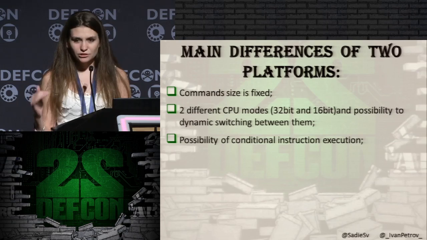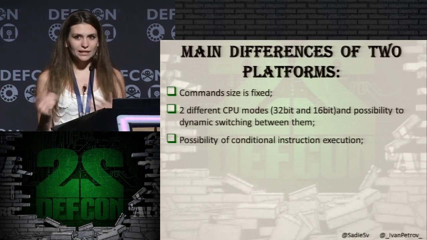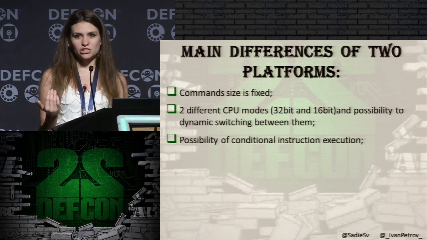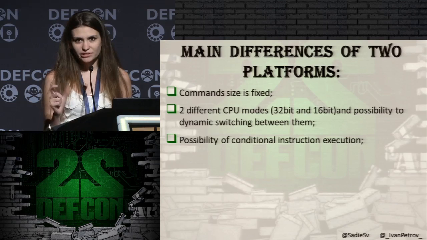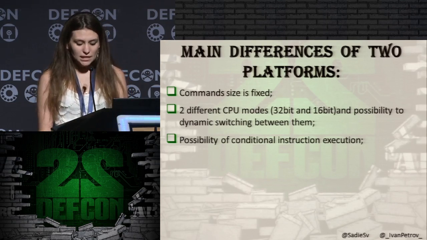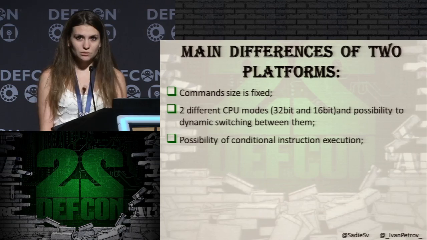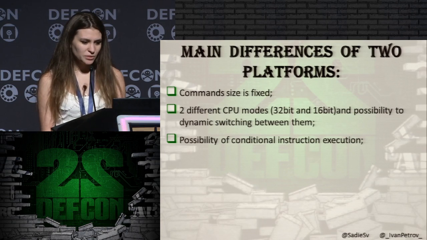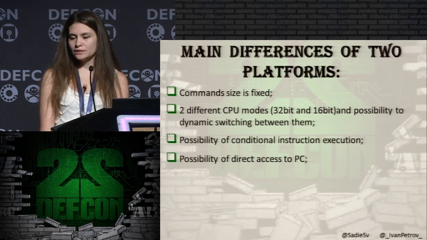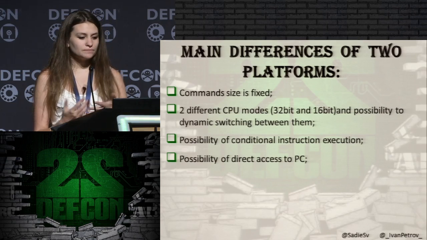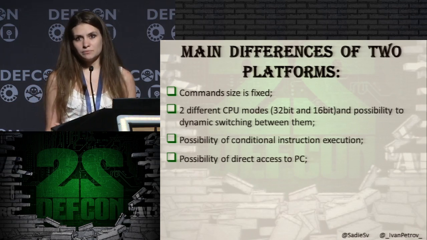Imagine a totally legitimate executable. If you construct your executable from conditional instructions, you can get your malicious payload from an innocent executable just by varying flag values. To be honest, we haven't seen such shellcodes yet, but probably we'll see them in the future because, for me, it's really interesting. Okay, on the x86 platform, to have access to the program counter, we need some kind of get-PC code.